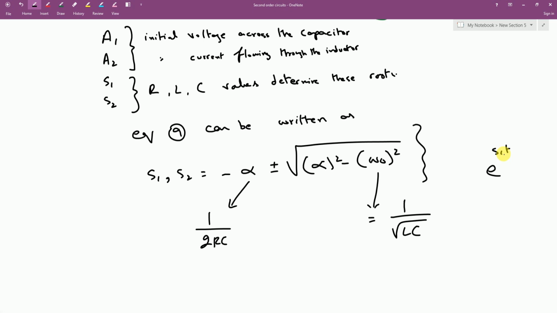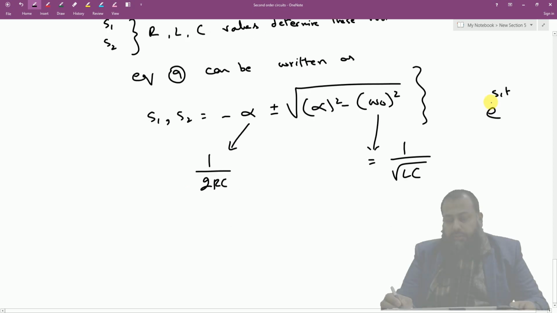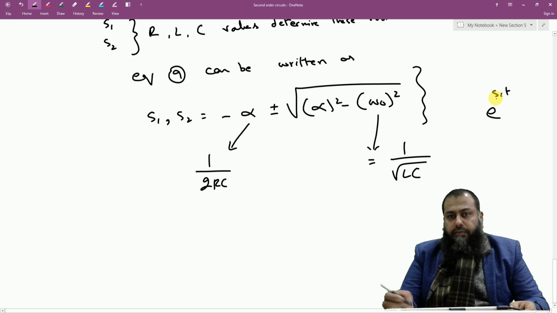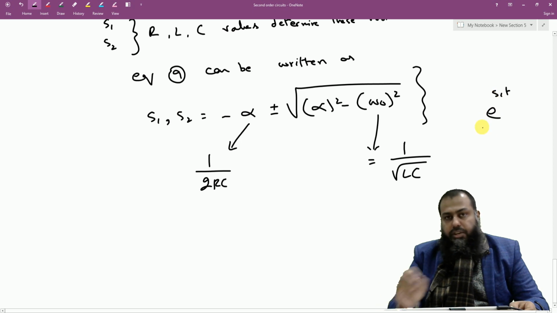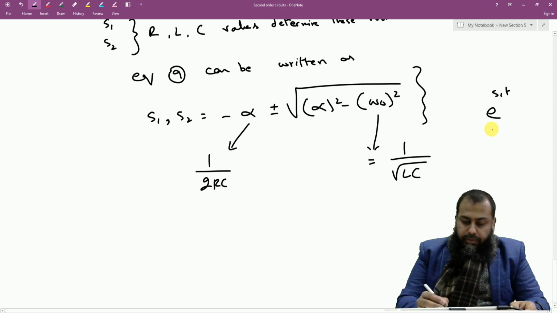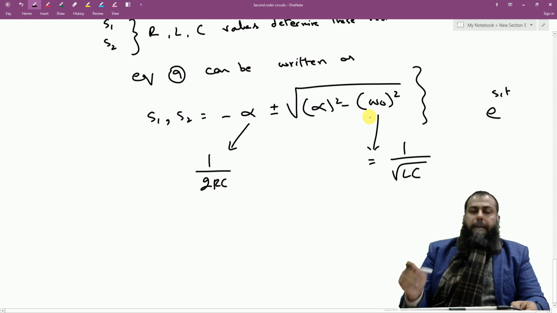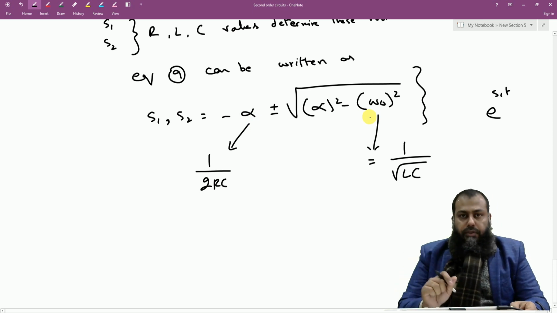Or in other words, all these roots S1 and S2 must have the units of frequencies. Therefore, this S1 of t is some complex frequency that will cancel out with this time, so that we have a dimensionless quantity as the power of this exponential e. Therefore, this alpha and this omega naught must have the units of frequency.